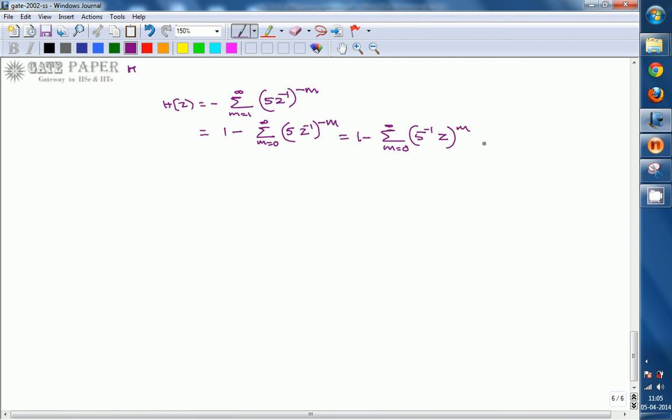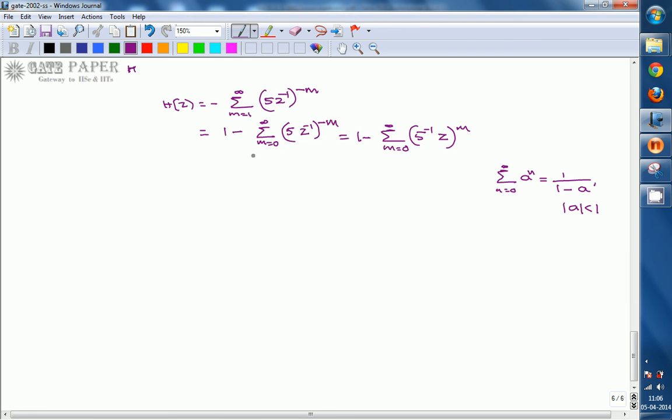We know that summation n equals 0 to infinity a power n is an infinite geometric progression, equal to 1 by 1 minus a for mod a less than 1. Using this, in place of a we have 5 power minus 1 into z, which is z by 5.